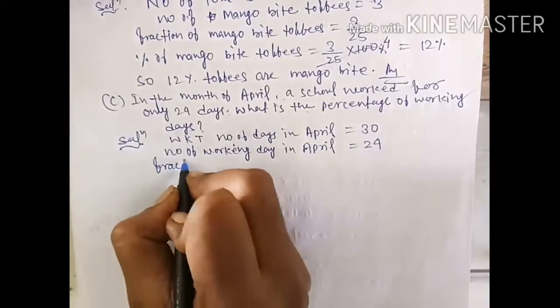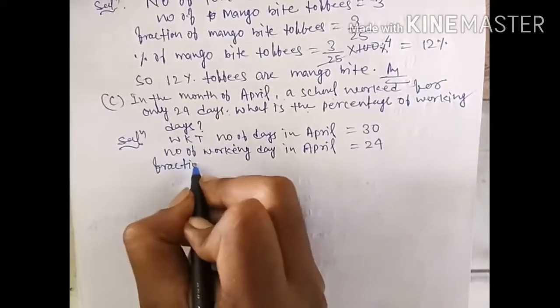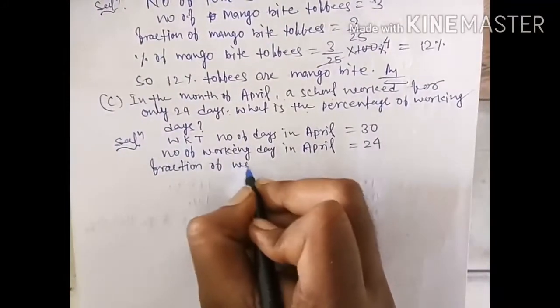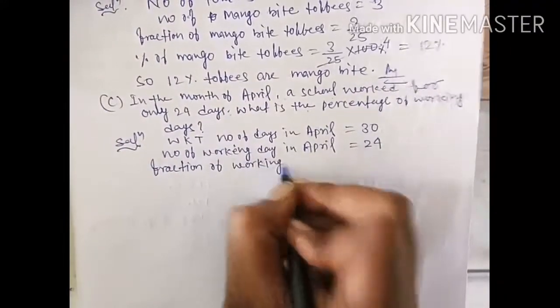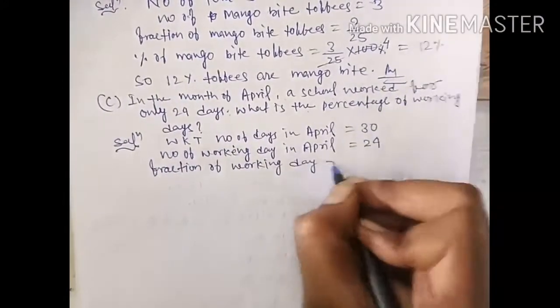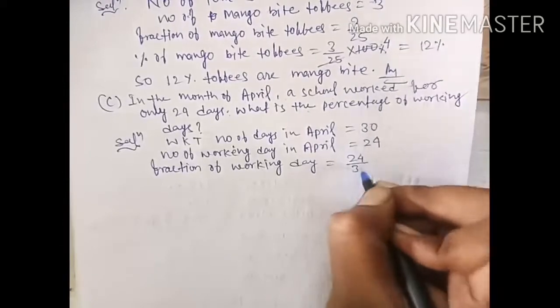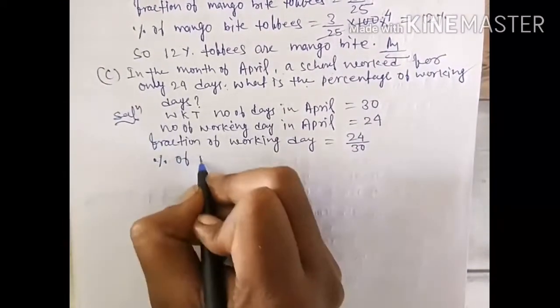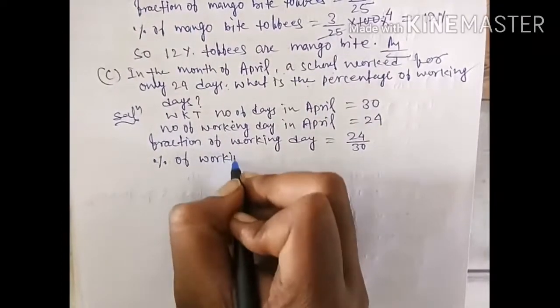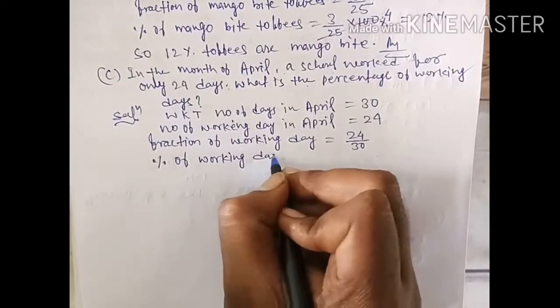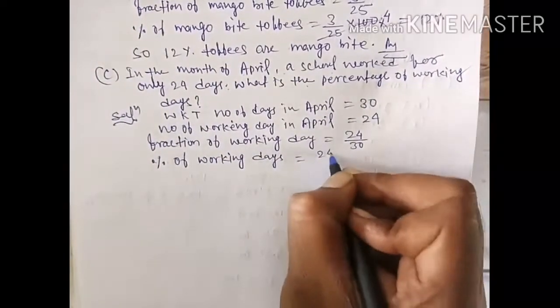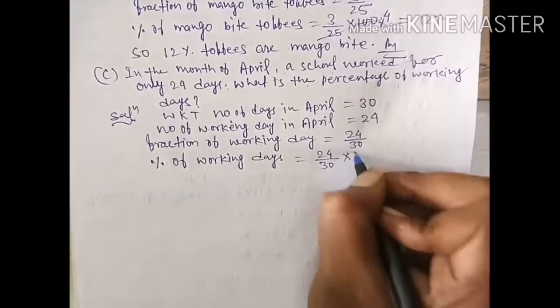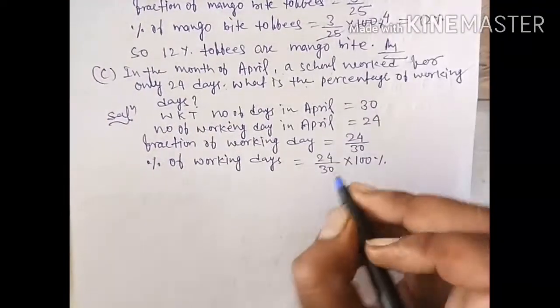Fraction of working days is equal to 24 by 30. Now percentage of working days is equal to 24 by 30 into 100%.